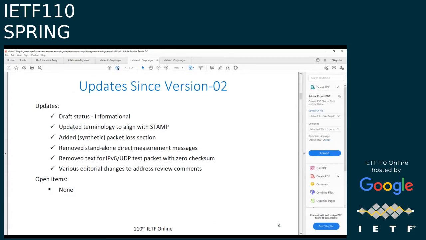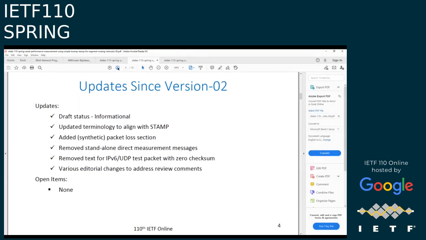There is a section added for the synthetic packet loss, which is as defined in STAMP. There were discussions on the standalone direct loss measurement messages, so they are moved to a different draft. It's a standalone draft in the IPPM working group and untied from SR.